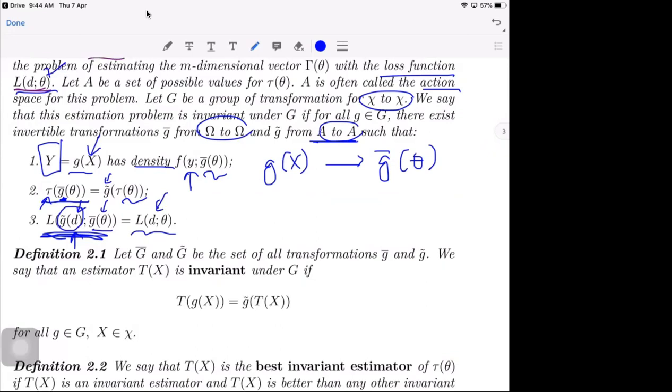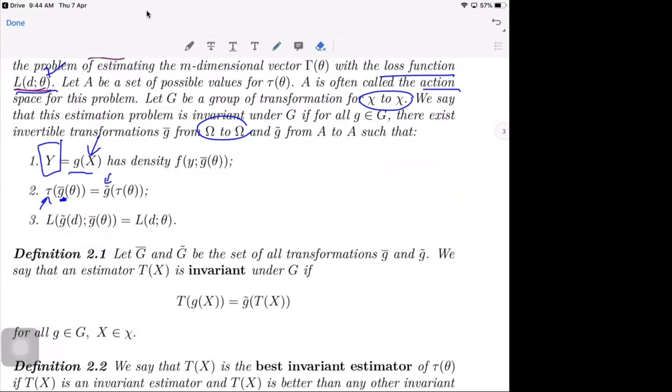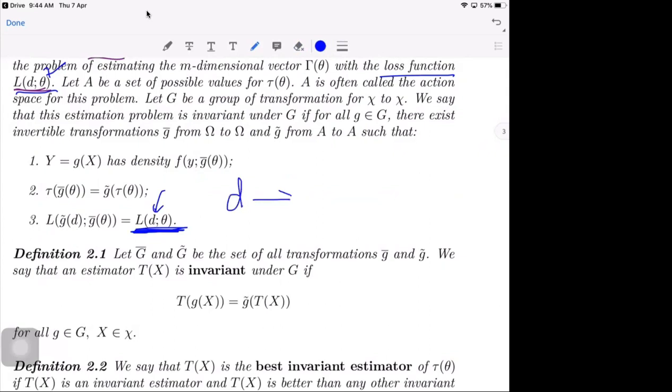So, ibig sabihin, in terms of loss function, walay na gain, wala po'y na loss, no? So, ang original na dataset na imong gisolban sa estimator D for theta. So, here, ang atong estimator is equivalent to theta hat. Ang atong estimator D for theta, the loss function associated with that is just the same as the loss function if we tried to do some transformation on D and the parameter.